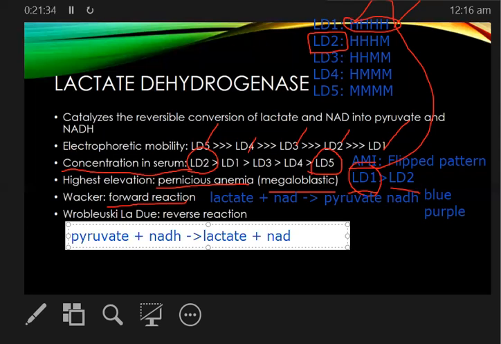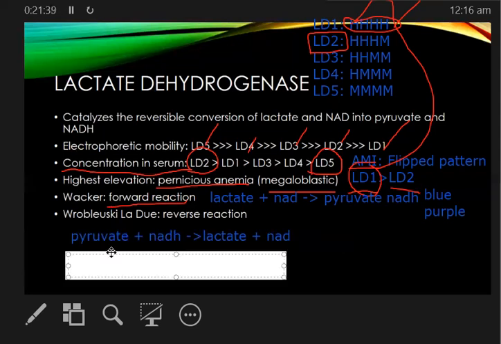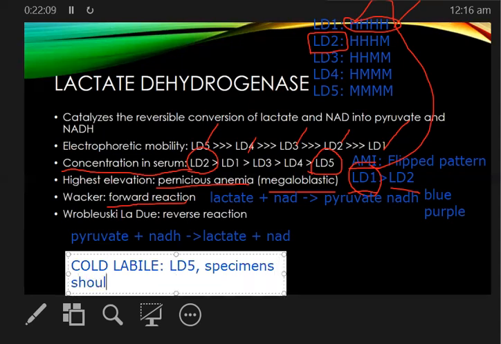And then, another recall question from the board exam. What is the most cold labile lactate dehydrogenase isoenzyme? We have our LD5. Thus, if you are going to measure lactate dehydrogenase, specimens should not be frozen.